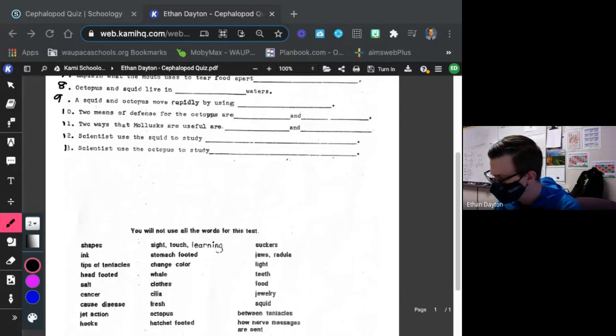Number 11, 2 ways that mollusks are useful are blank and blank. 2 ways that mollusks are useful for humans.